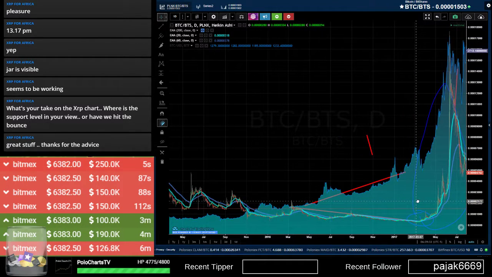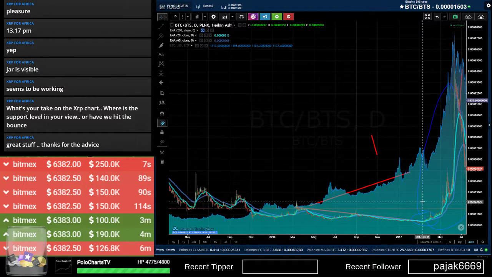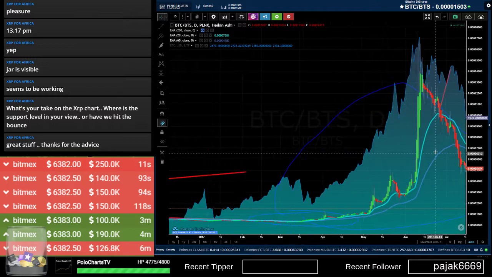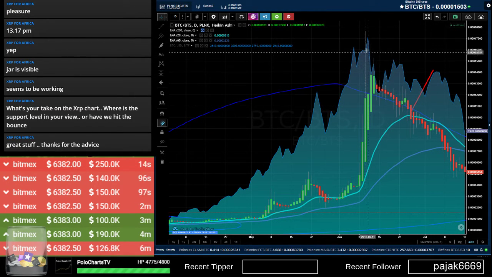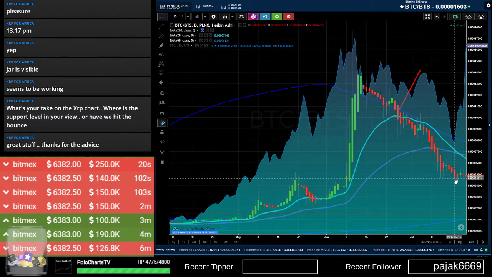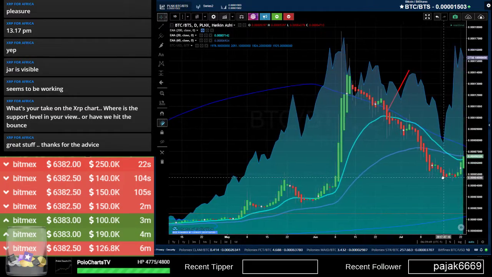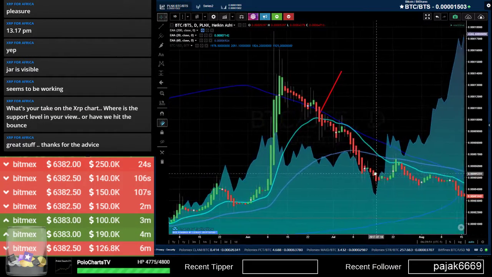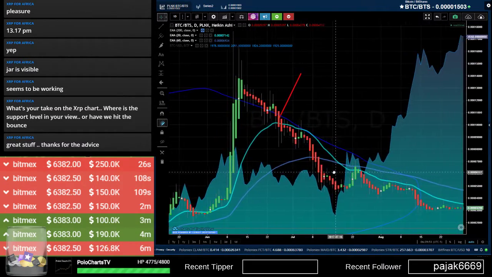Then there was another moment right here where all the alts were coming down with Bitcoin. You can see that as Bitcoin's topping, so were the alts. All the alts were coming down with Bitcoin, so they were matching. Then on this day right here, they started to unmatch, where Bitcoin started to go up and the alts continued to go down. So there was an opposite move in the markets.